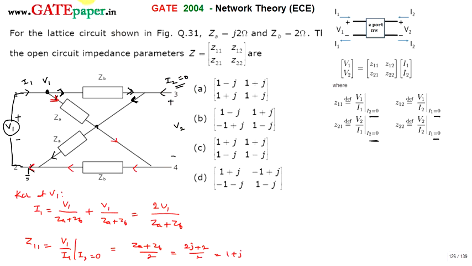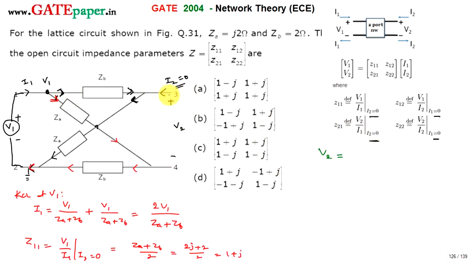Now we are going to calculate Z21. For Z21 also we require I2 equal to 0. So we require voltage V2 divided by I1. You must express V2 in terms of I1 with I2 equal to 0. That gives the value of Z21. Now, can you write what is the value of V2?